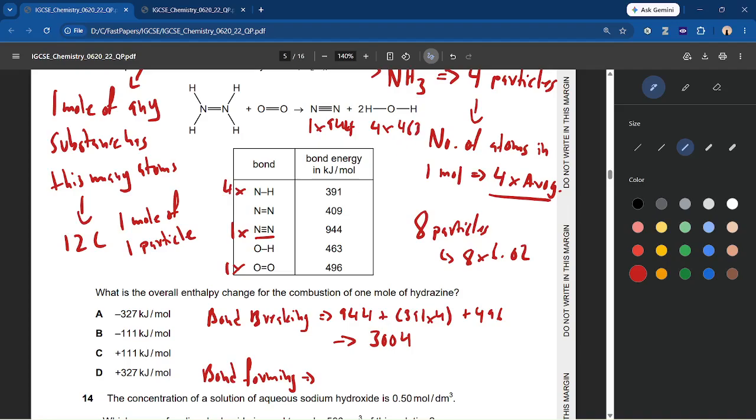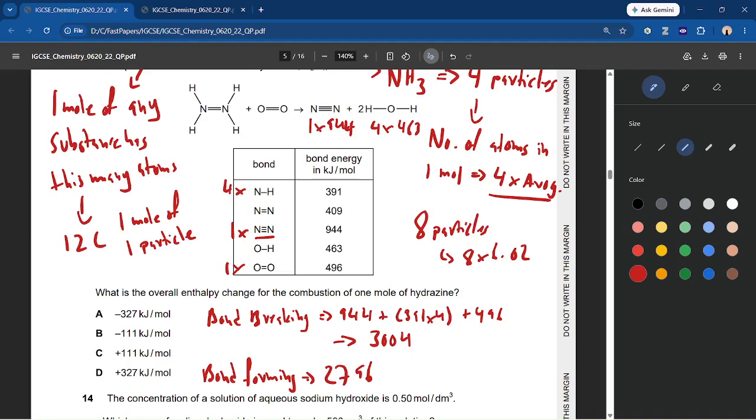So that'll be 944 plus 4 into 463, which is 2796. So 2796 minus 3004.